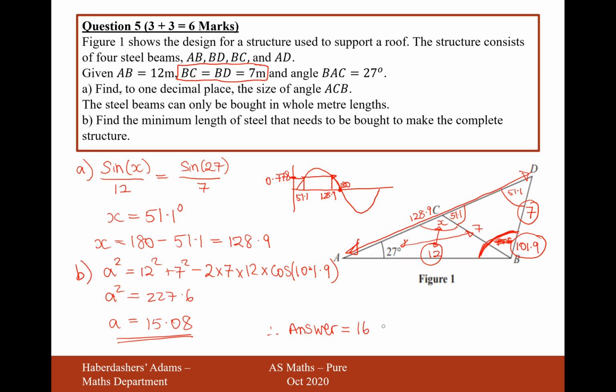So 16 plus 12 plus 7 plus 7, and that will give us an answer of 42. So there we are, 42 meters of steel needed to be bought to build this construction. And that's the answer for question 5. It was a sine and a cosine rule question, given a little context. There we are, let's move on to question 6.